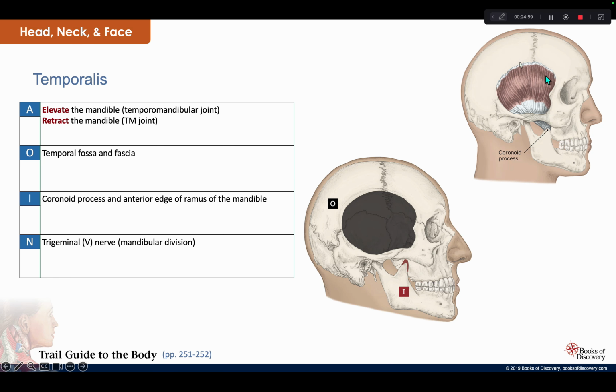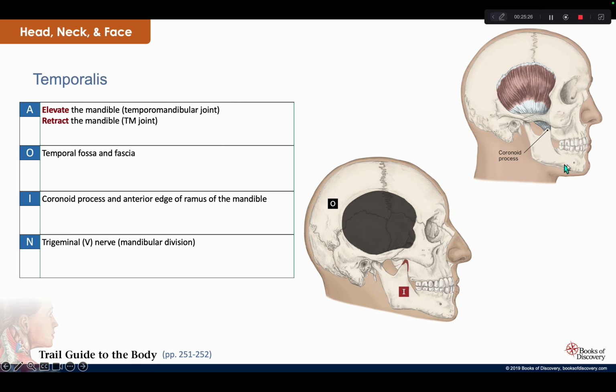Temporalis. So this muscle, as you can see, it runs under the zygomatic, right? And runs and connects onto the coronoid process. But anyhow, it kind of fits in this temporal fossa. So you have your temporal fossa, and then your temporalis muscle kind of sits in there. It's responsible for elevating the mandible and retracting it, right?